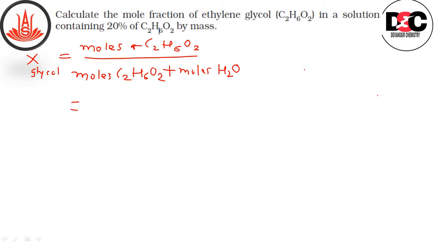Moles of ethylene glycol we have calculated, that is 0.322, upon moles of ethylene glycol, again the same 0.322, plus moles of water that we have calculated, that is 4.444.